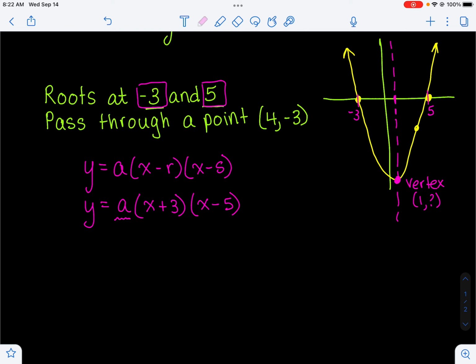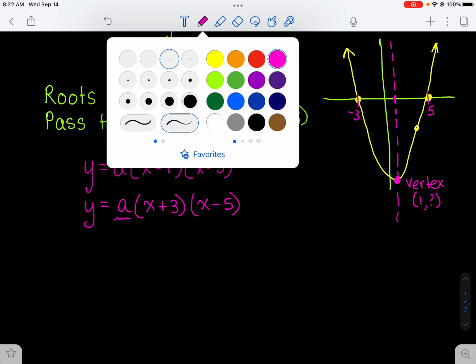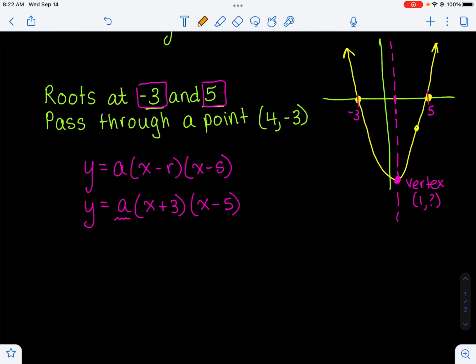So next I'm going to use this point information. I know it goes through the point 4, -3. So that's an x and a y coordinate. I'm going to sub those in for x and y. So y would be -3 and x would be 4. I'm going to sub that stuff in and then I'm going to try to solve for a.